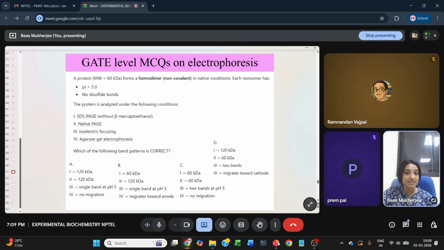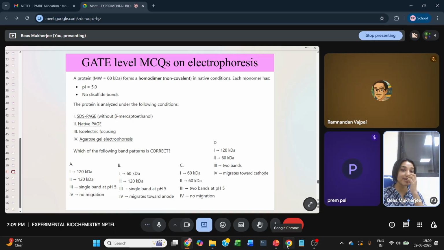So in SDS page without beta mercaptoethanol. Considering the question once again, check properly. In native page, SDS page, isoelectric focusing since it's a monomer, and you have it migrates towards something, right?